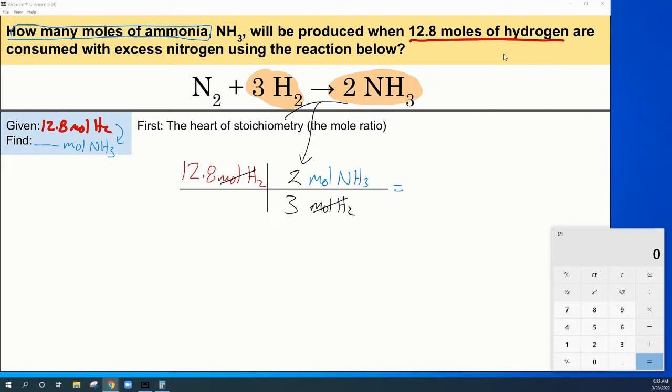So on my calculator, I'm literally going to do 12.8 times 2 divided by 3. And I'm going to get 5.33. Well, that is really strange. My calculator gives me a repeating value. It's 8.53.